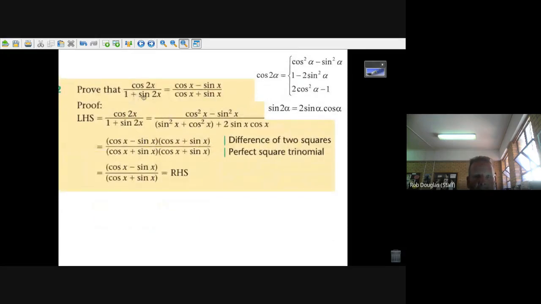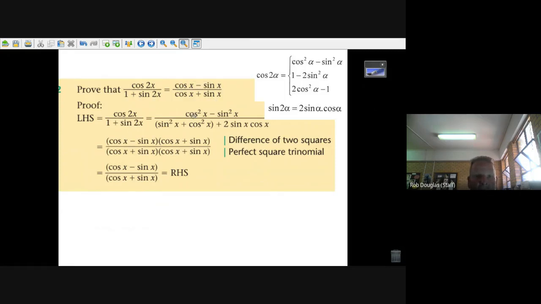And let's take a look at this question. Well, this example here, cos 2x over 1 plus sine 2x. You look at this question and you say to yourself, the right-hand side gives you a hint for what should happen. You've got 3 things to choose from, but the right-hand side says the top should look like cos x minus sine x.